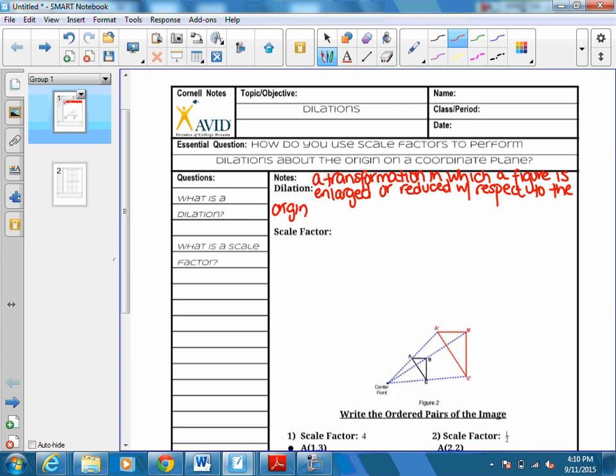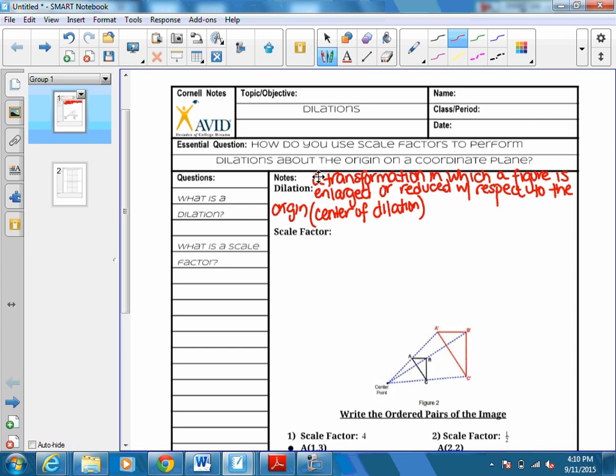So it's an enlargement or a reduction with respect to the origin. That origin is going to be called our center of dilation.